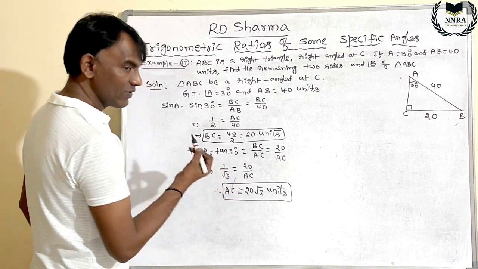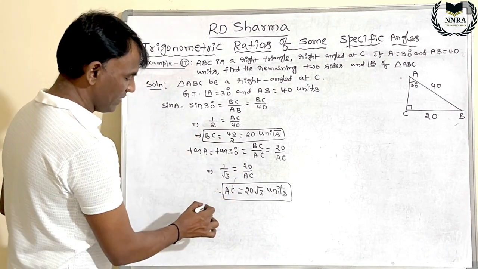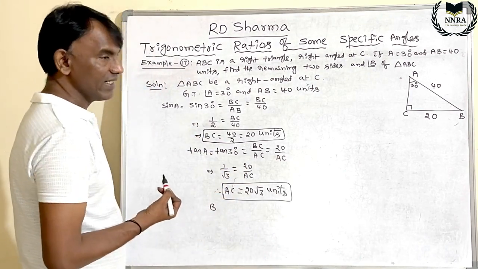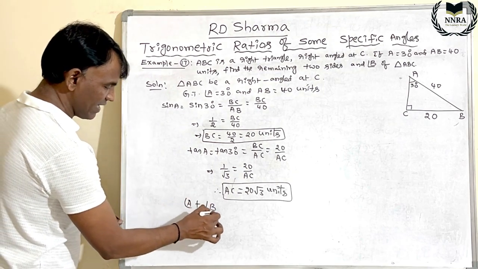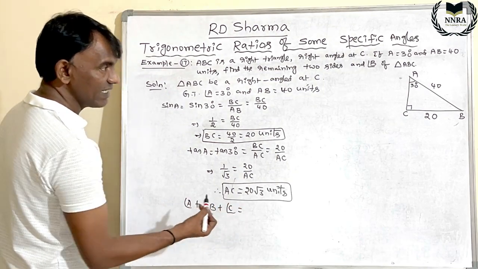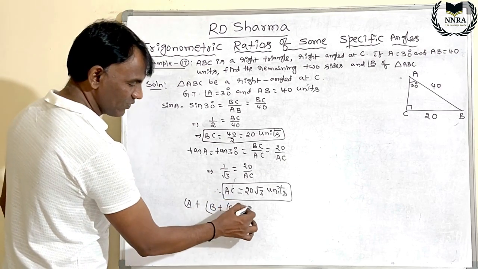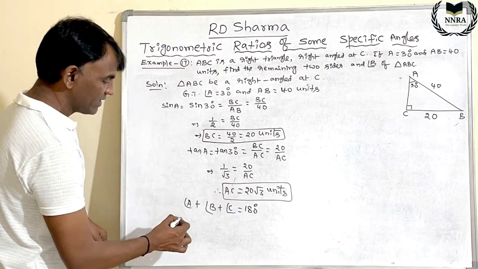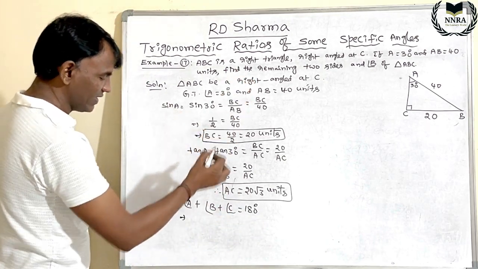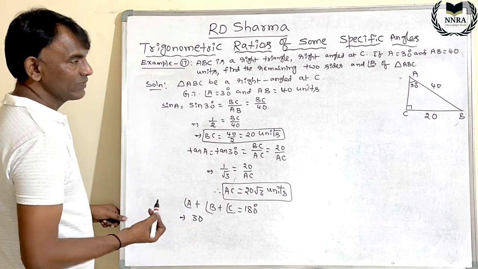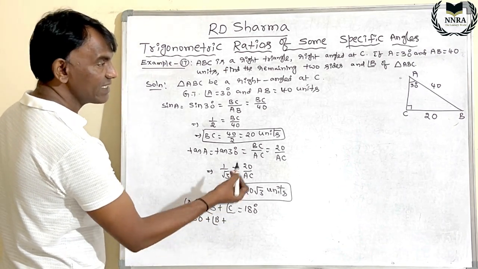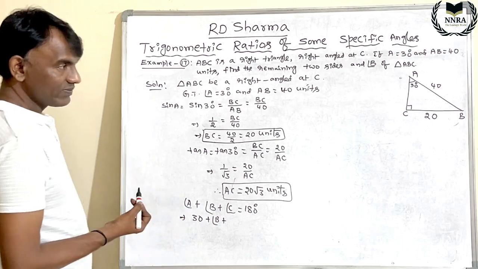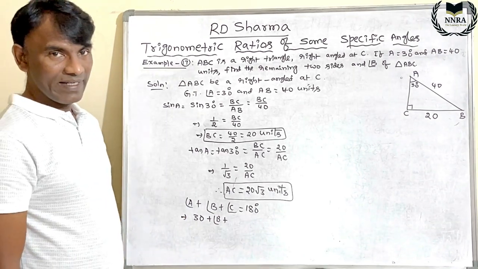Now the two sides are done. Now we want angle B. So how to write angle B? Angle A plus angle B plus angle C equal to 180 degrees. The value of angle A is given as 30, and angle B is the unknown value. What is the value of angle C?